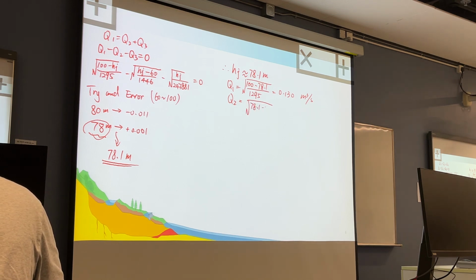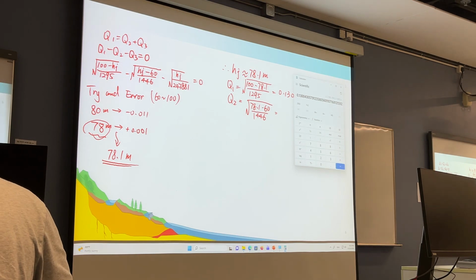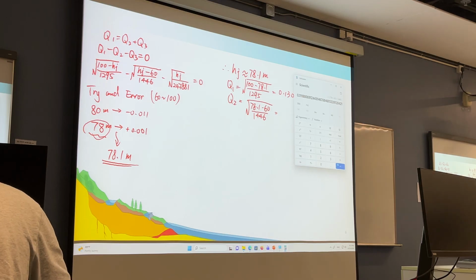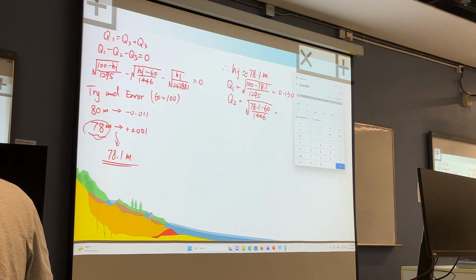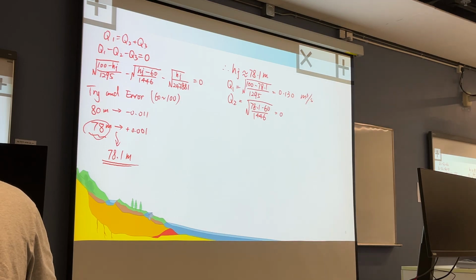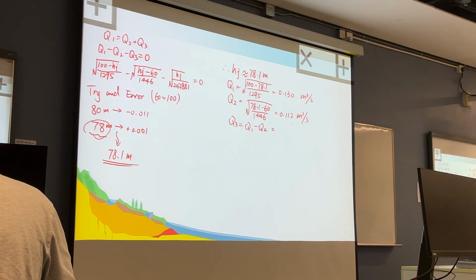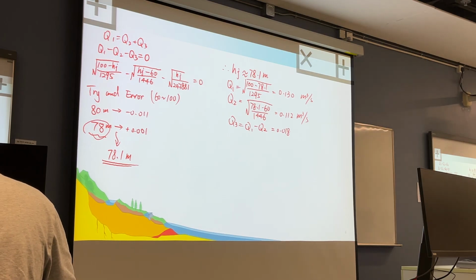Q2 is 78.1 subtract 60 over 1446. It's about 0.112, okay? Meter cube per second. Now Q3, you actually don't need to calculate this. You just need to take Q1 subtract Q2, and it's equal to 0.018 meter cube per second.